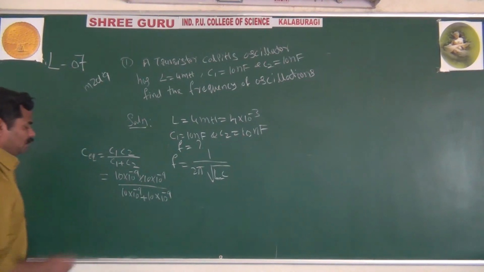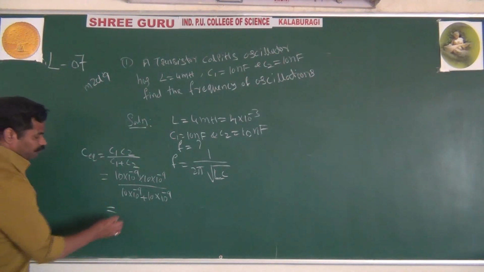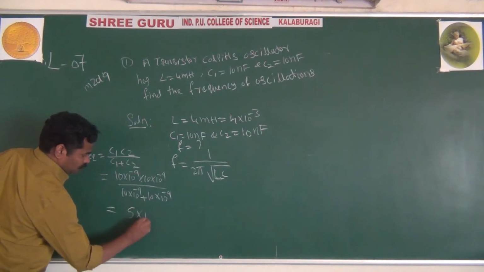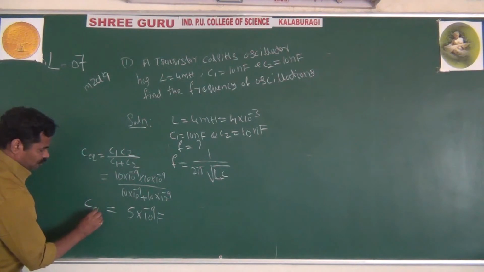Substitute and simplify this. We may get answer maybe about 5 into 10 raised to minus 9 farad. This is your C equivalent.